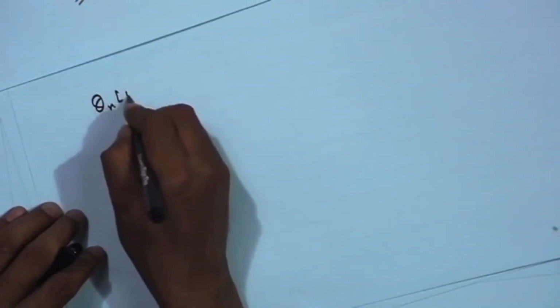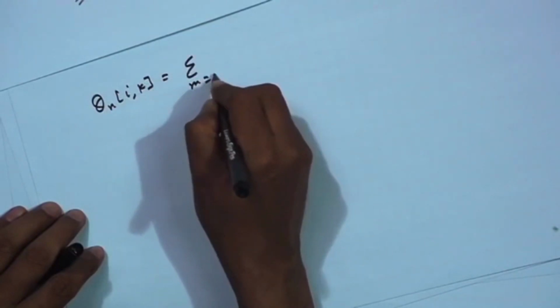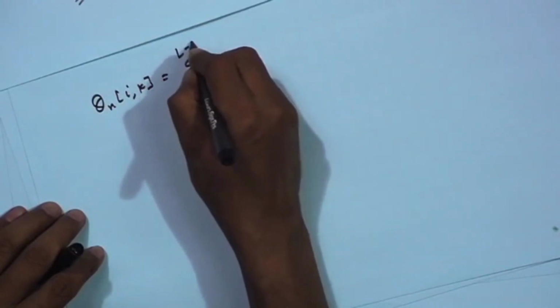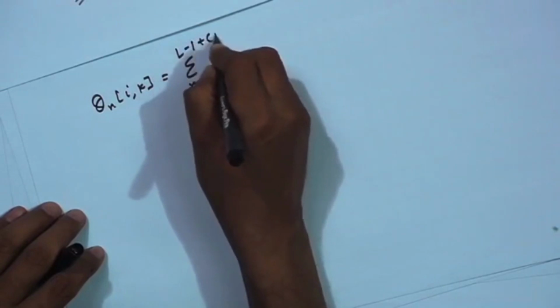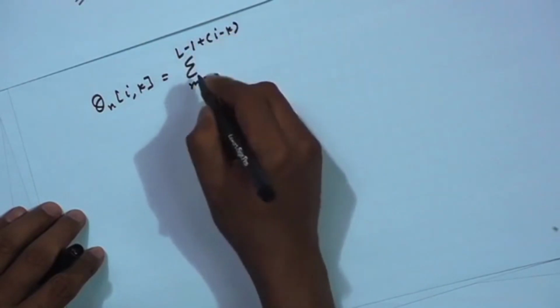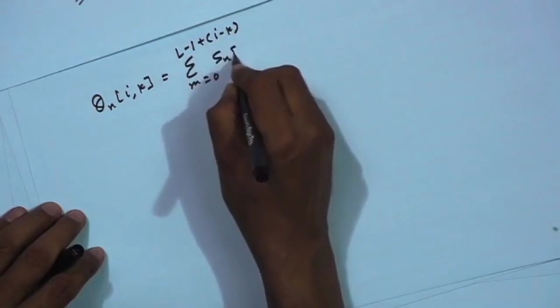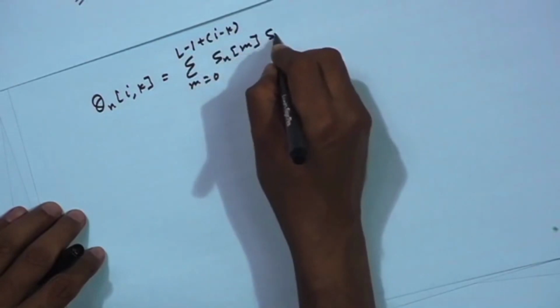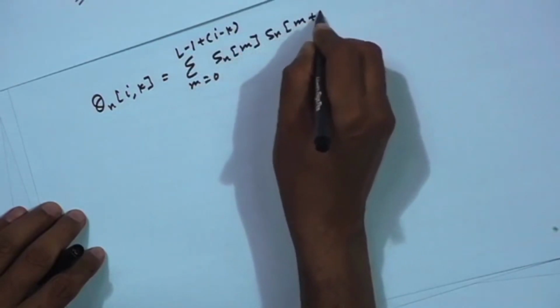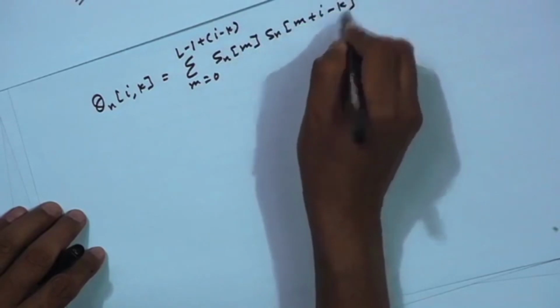So, I can say that the value phi n i k I can rewrite as the sum from m equal to 0 to L minus 1 plus i minus k of S n m times S n m plus i minus k.